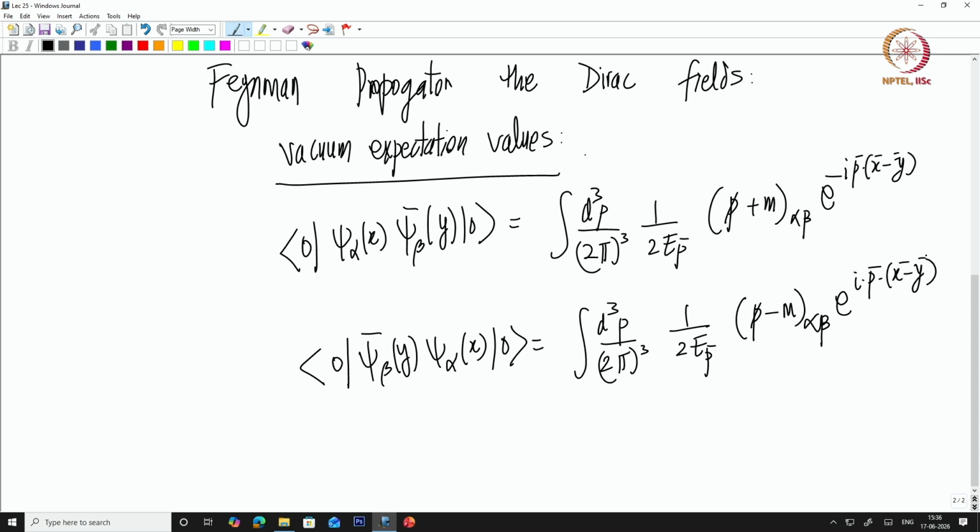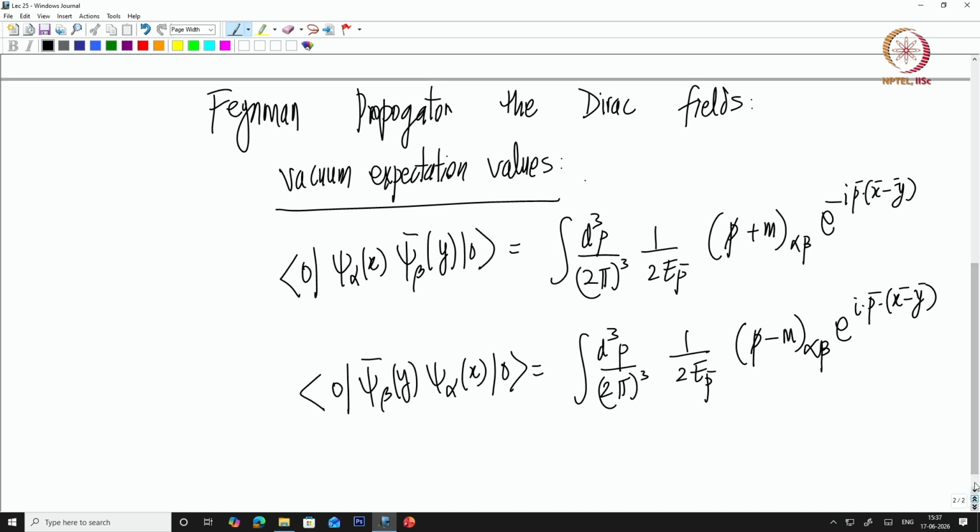This is plus e power i p(x minus y) essentially. So this is psi bar essentially. So if you take the sum of these two, essentially you end up having the standard thing.